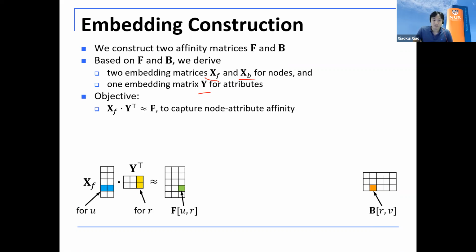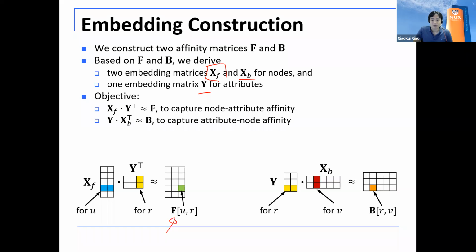And our objective is to ensure that if we take the first node embedding matrix and multiply it with the attribute embedding matrix, then the end result is something that approximates the node-to-attribute affinity matrix. Furthermore, if we take the attribute embedding matrix and multiply it with the second node embedding matrix, then we want the end result to be an approximation of the attribute-to-node affinity matrix.